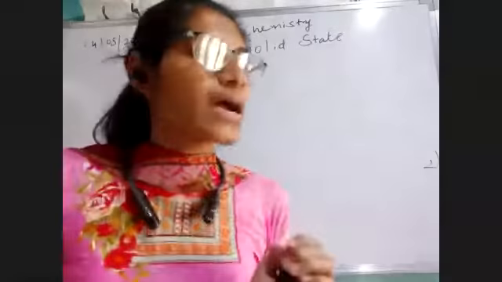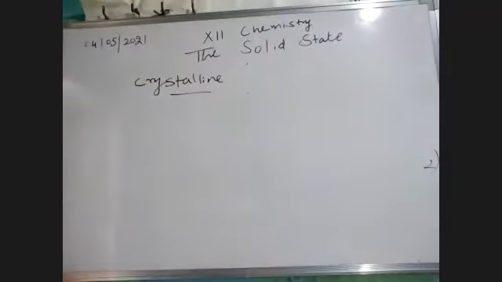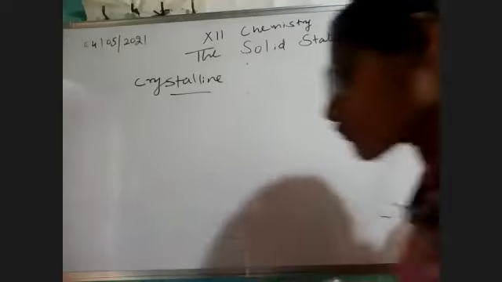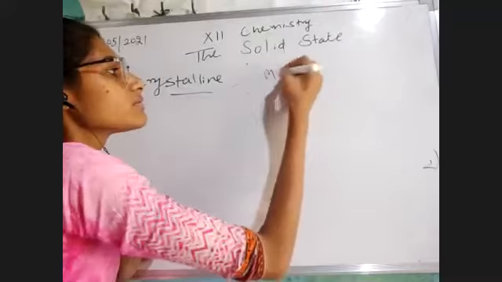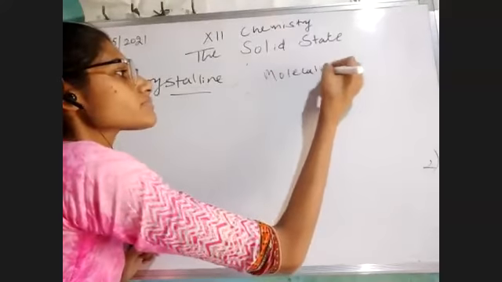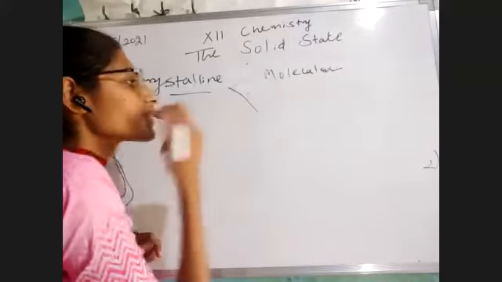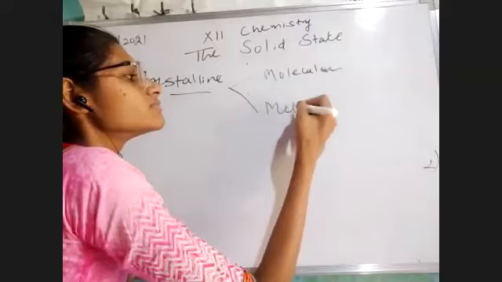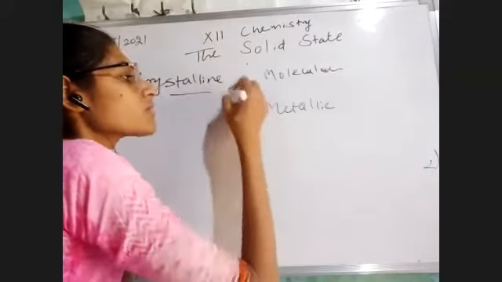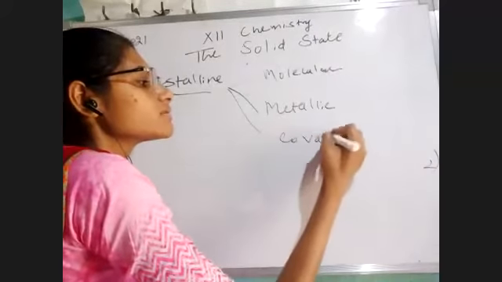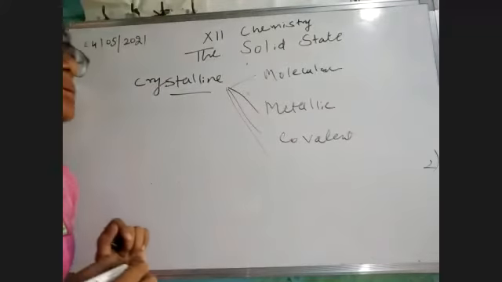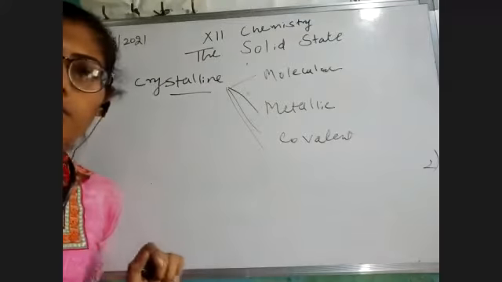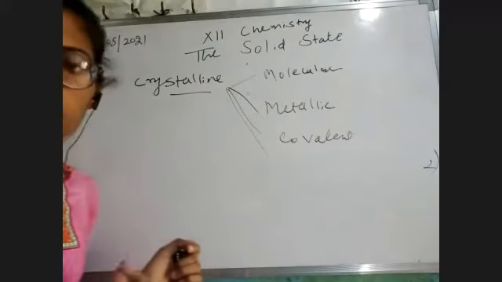Basically, crystalline solids are of 4 types: molecular solids, then metallic solids, covalent solids, and the last one. I'll write it out when I remember.